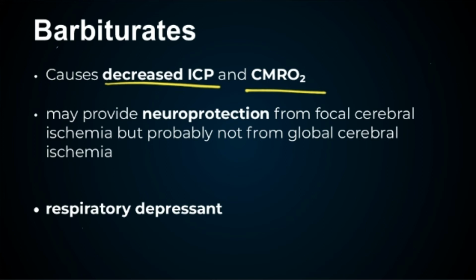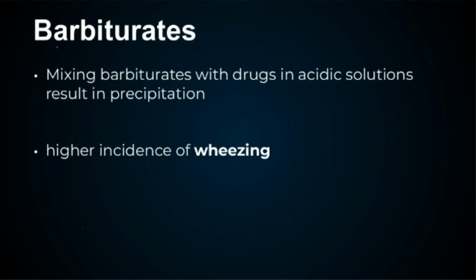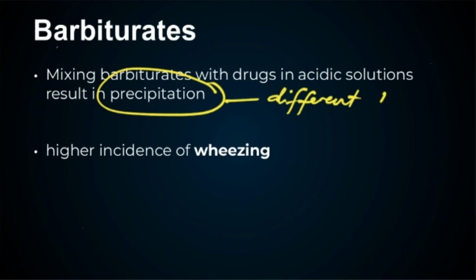Barbiturates are respiratory depressants, so they may produce transient apnea. Also, it's important to take note that mixing barbiturates with drugs in acidic solutions during anesthetic induction can result in precipitation of the barbiturate. So that's why you should not give barbiturates with other drugs in the same IV tubing.